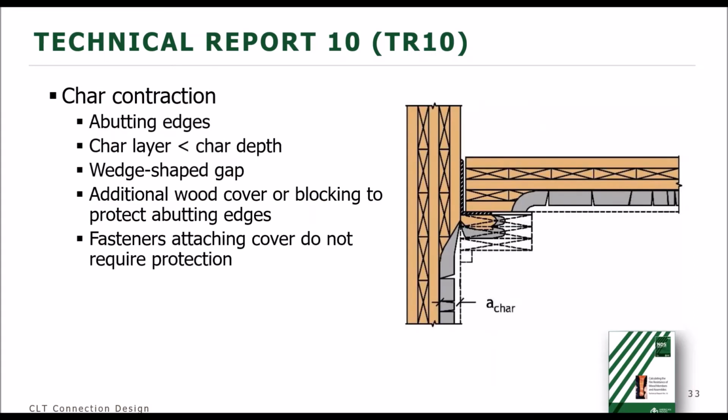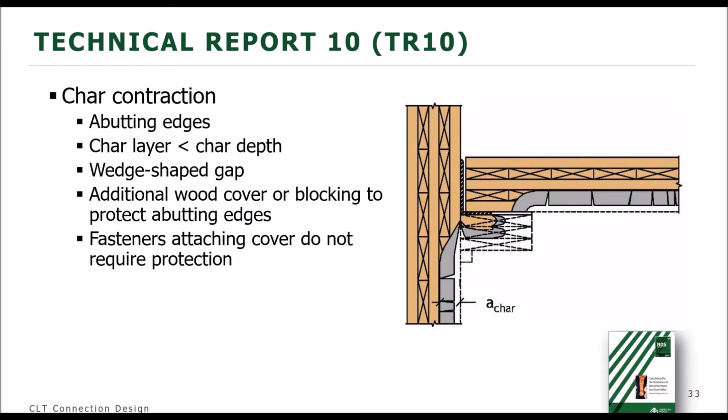So we talk about the char depth, and that's the distance between the original wood surface prior to fire exposure and the location of the char front. And that char front is defined as the furthest extent of the charring into the wood. As the wood chars, its volume decreases, and then the thickness of the char layer becomes less than the char depth.